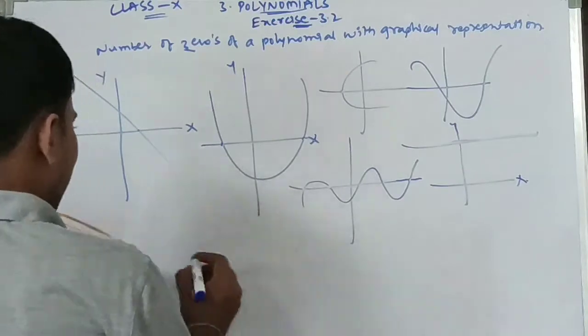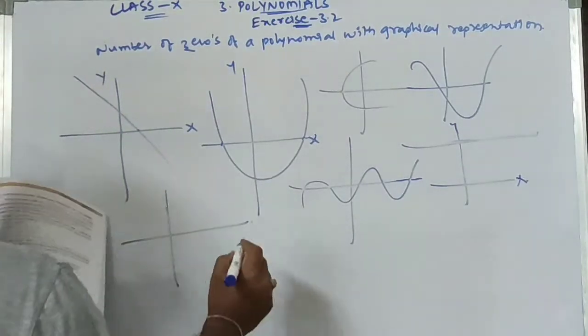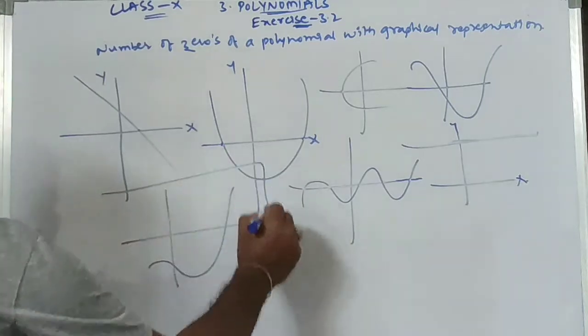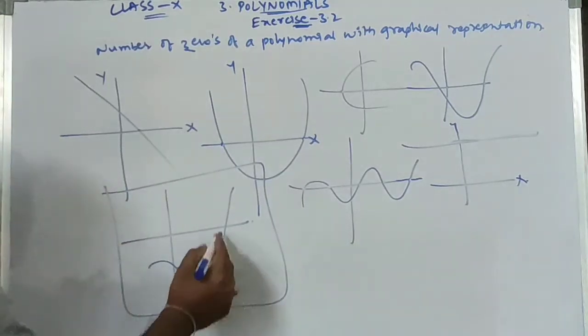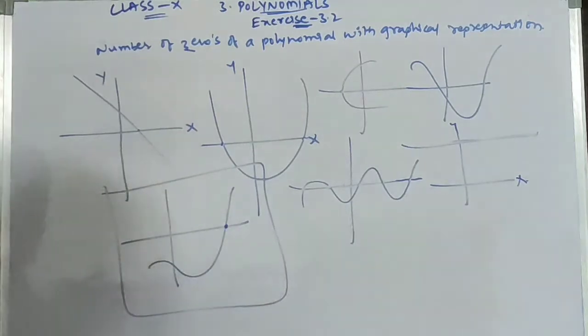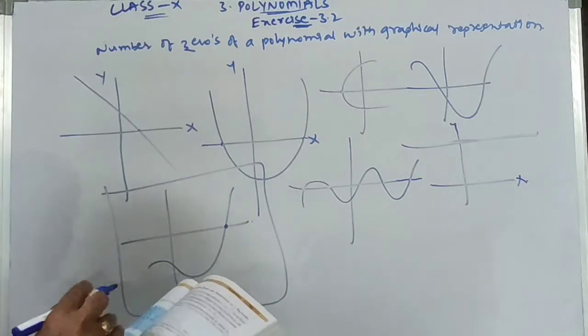Next, the second question. The curve is like this. This curve intersects at only 1 point. So the number of zeros of this curve is only 1.